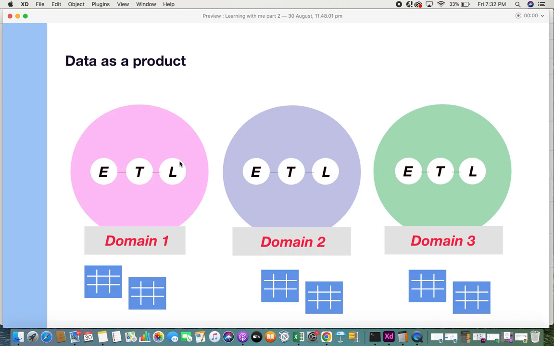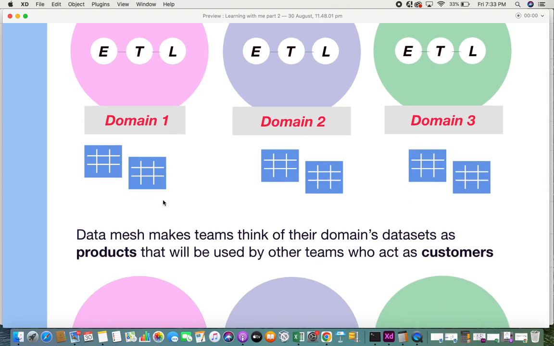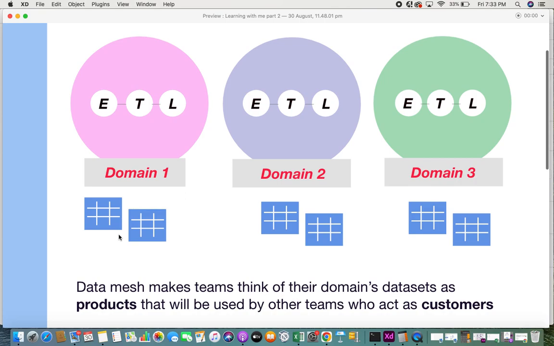Let's say, for example, there are different domains: HR, sales, marketing, finance, etc. Every domain, as I said, maintains their own data and takes charge of their own data. The main idea of data mesh is that this concept makes teams think of their domain's data sets as products. Okay, so you don't just see data as data, you see data as a product.